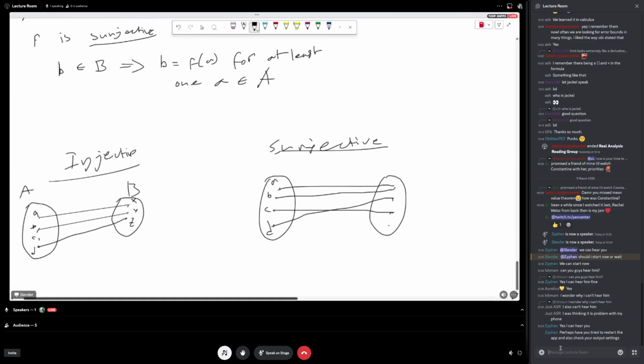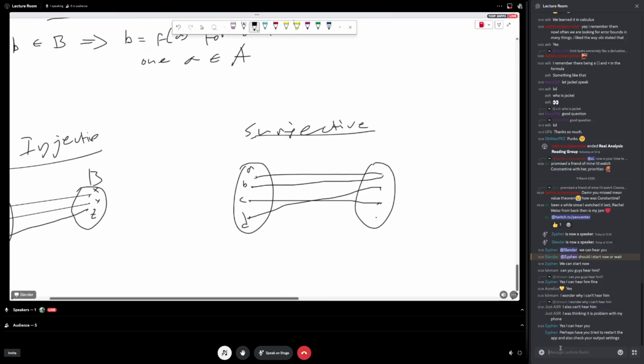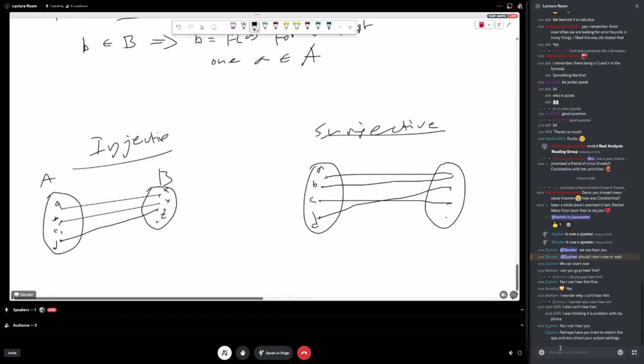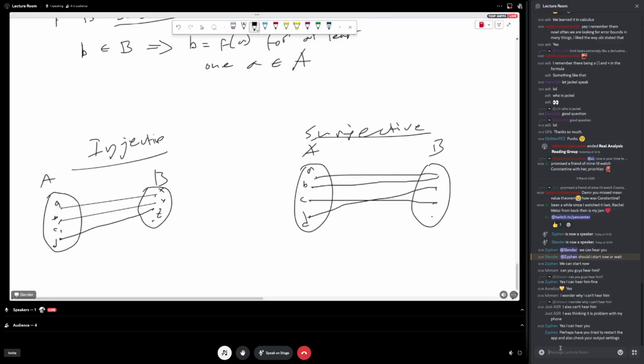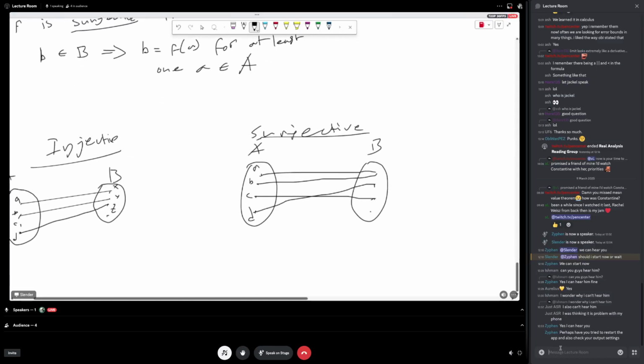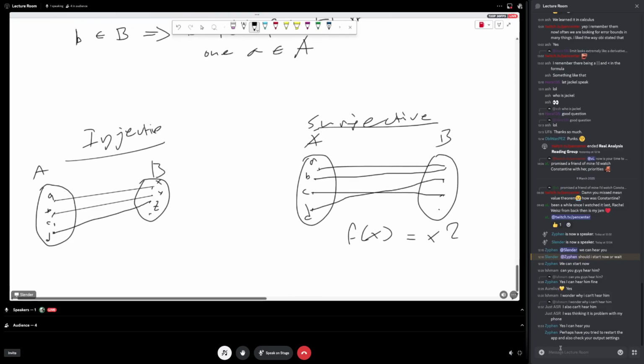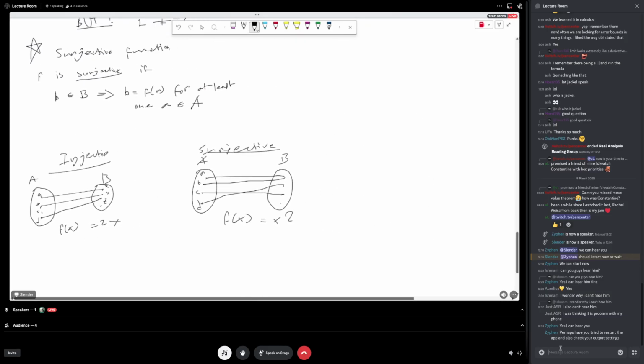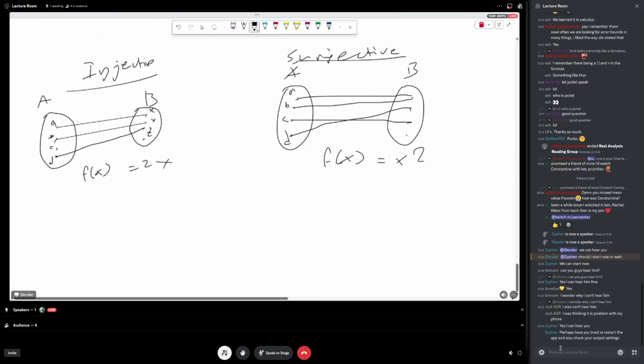But all outputs will have something in the domain that will map to it. So that's surjective. An example of a surjective function is f equals x squared, and for injective we have, for example, linear functions like this. And then we have what we call a bijective function.